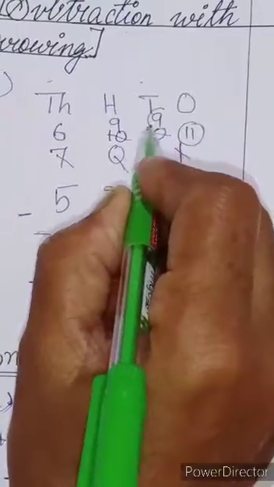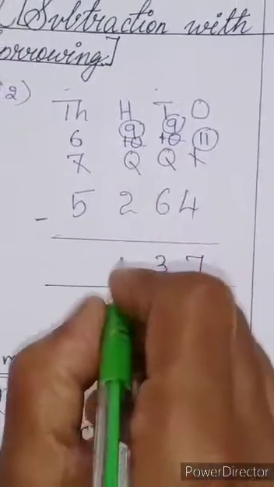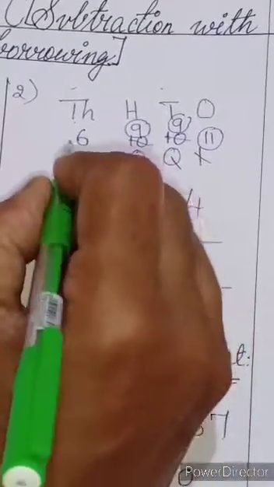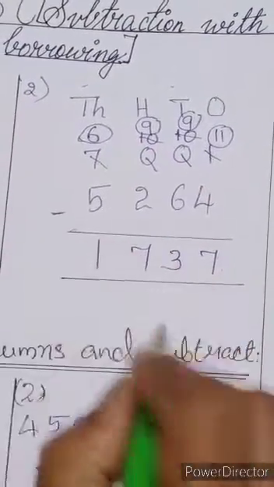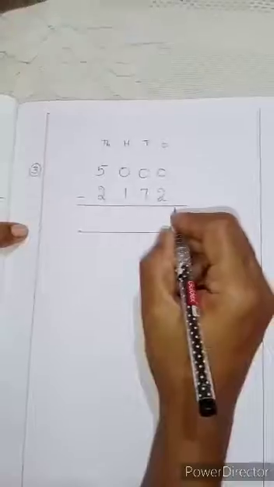Can you see 9 here? Here also 9. Circle it. Now 9 minus 2, 7. 6 minus 5, 1. So your answer is 1737.